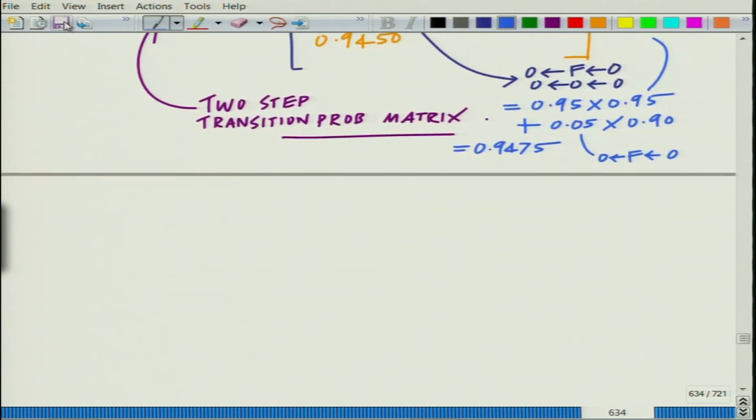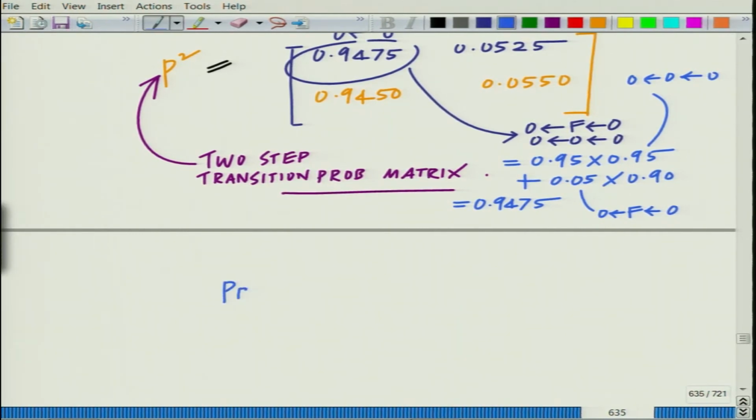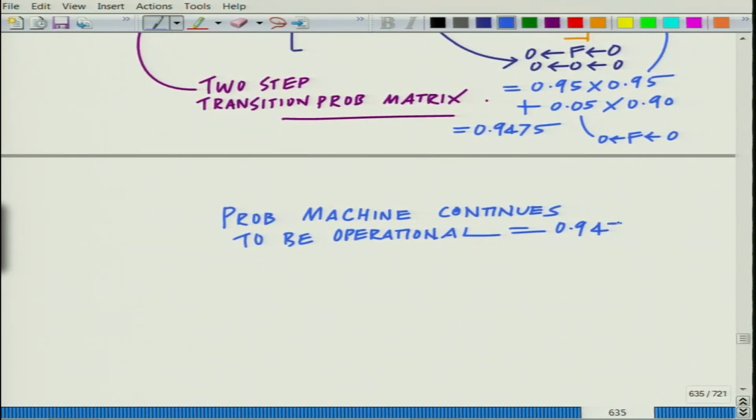And interestingly, you can see that the probability that the machine continues to be operational is 0.9475, which decreases from 0.95.